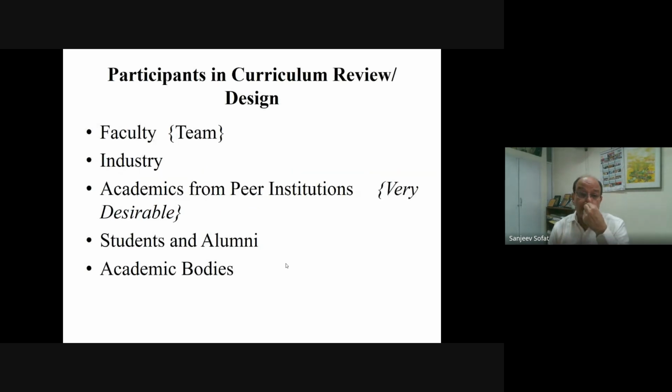Now, who are the ones who want to design a curriculum? Maybe you have your faculty. This is where curriculum design varies as far as institutes are concerned. Let's say if it is an affiliated institute, the university makes the curriculum. Maybe every affiliated institute doesn't get a chance to make the curriculum.